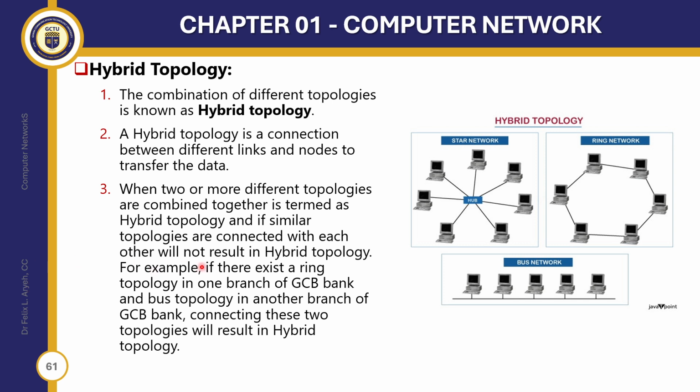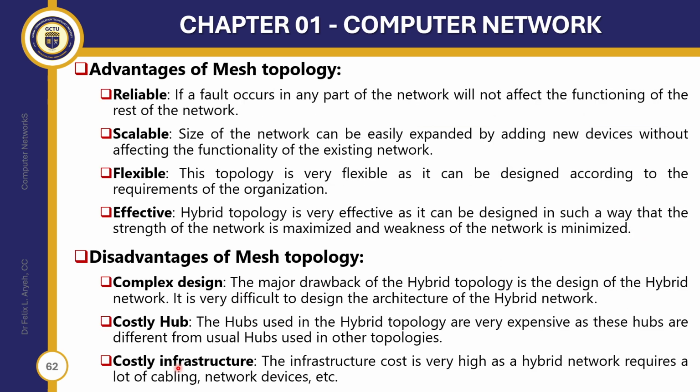So if we have a ring topology in one branch of GCB and a bus topology in another branch, connecting these two will result in a hybrid. But if it's the same ring topology, then it's not a hybrid. So these are the advantages of the mesh topology.